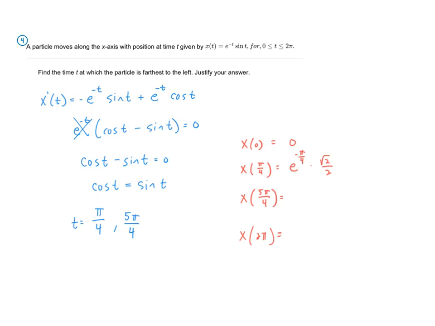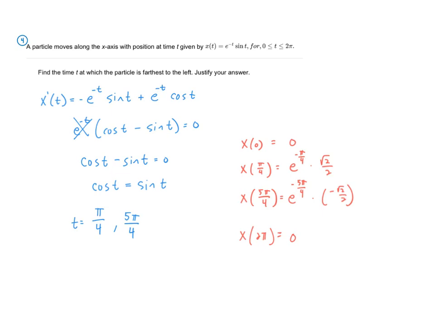Plug in 5 pi over 4, then you get e to the negative 5 pi over 4, and then sine of 5 pi over 4 is negative root 2 over 2. So that's the first negative number, so that's probably the answer. And if you plug in 2 pi, sine of 2 pi is 0, so that's just 0 again.